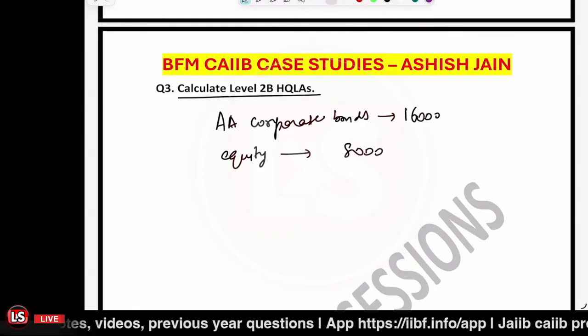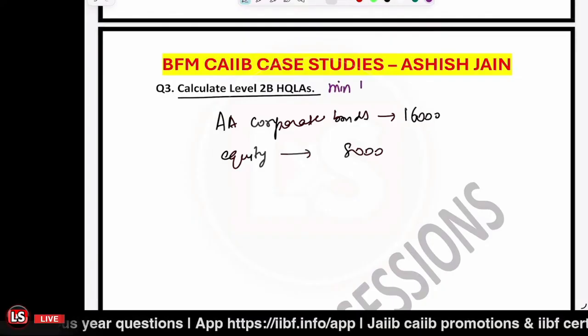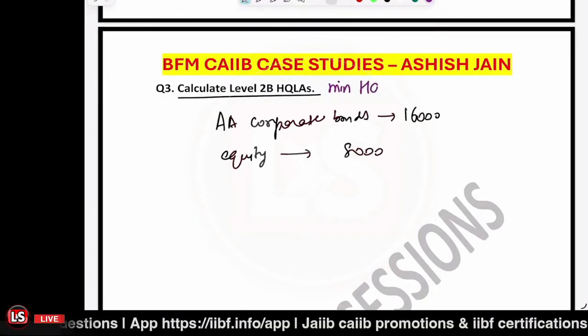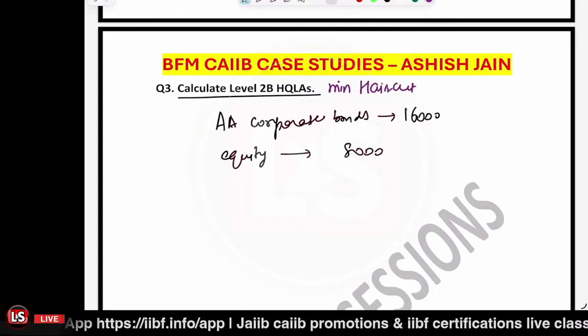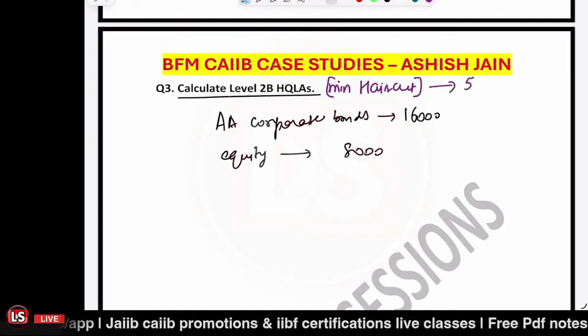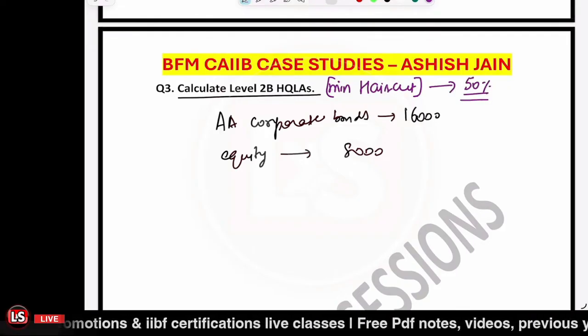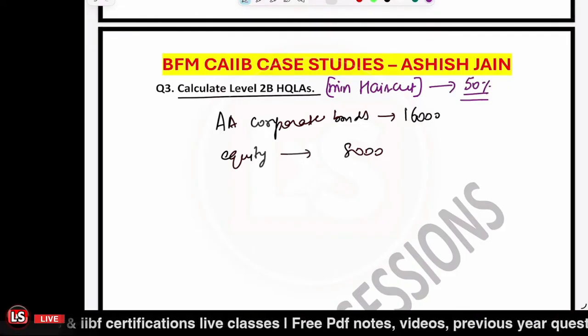And the minimum haircut which will be applicable in case of level 2B HQLAs is 50% minimum.